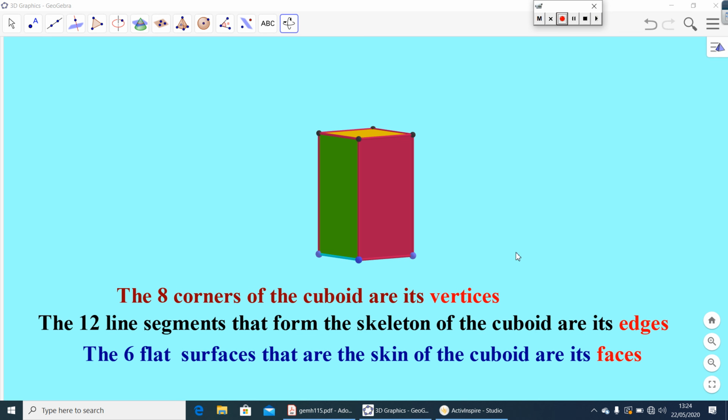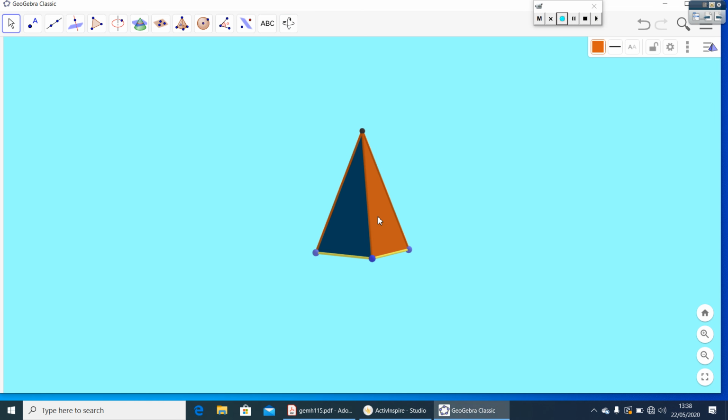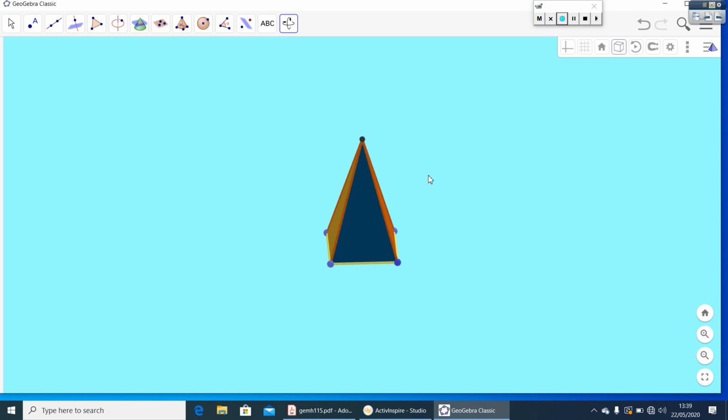Now let us look at another solid. Here you have a pyramid. Here the base is a square, so we can call this a square pyramid. Now count how many vertices are there. Vertices means corners. Here you can find 1, 2, 3, 4 and 5.